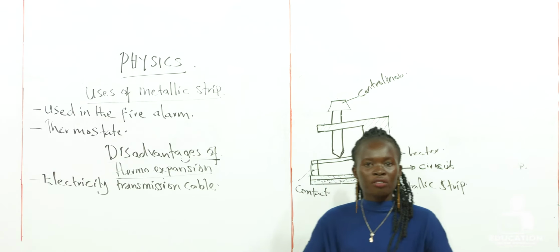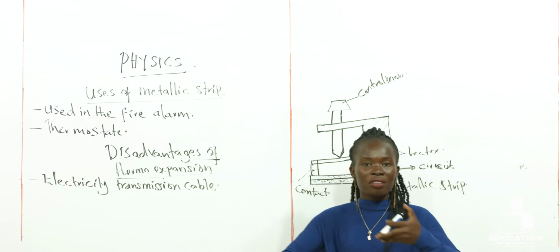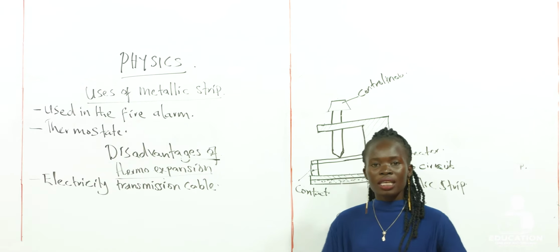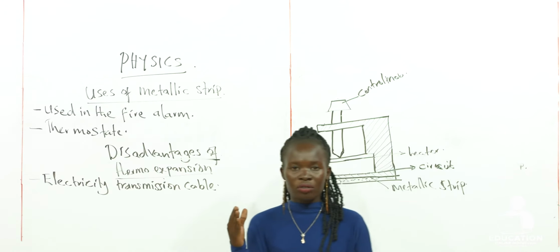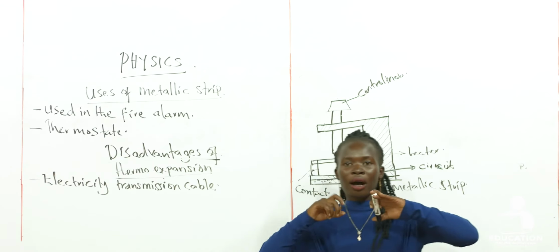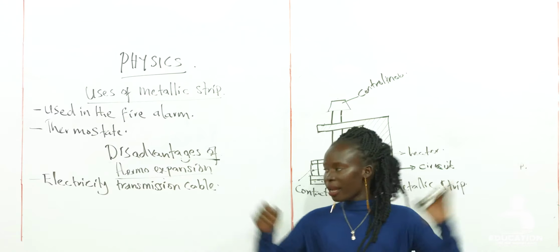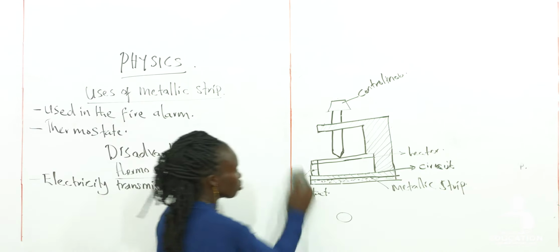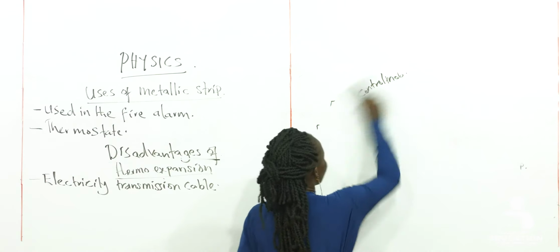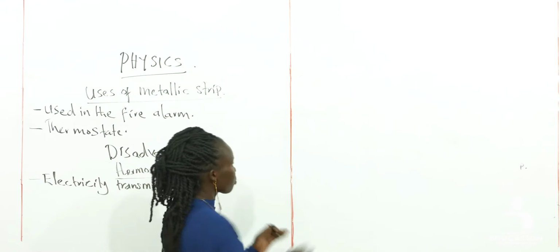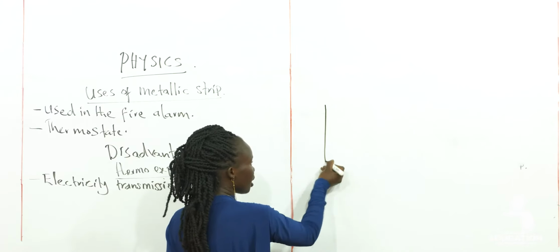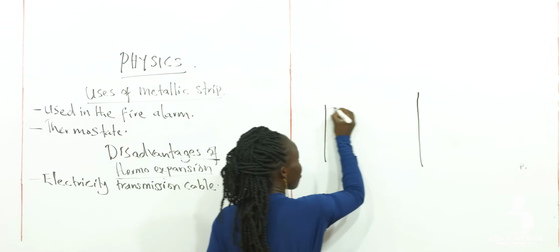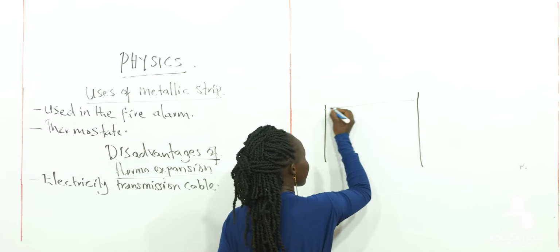The expansion due to heat causes an increase in the size of a thing. You see that when these cables are tightened from one pole to another, let's take a look at this. We assume that this is our pole, and then we have another pole here. Imagine we have it tight like this.